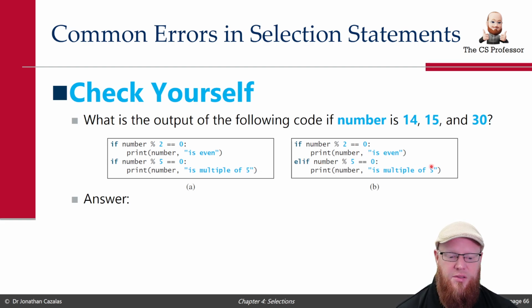It will not print that 30 is a multiple of 5 because this is an elif and we already found one true statement. It's not necessarily right or wrong. It just depends on what you're looking to achieve based off of your program, if that makes sense. So in this program, if you wanted to know every number that was even as well as a multiple of 5, option A would have been the better route for you to go.